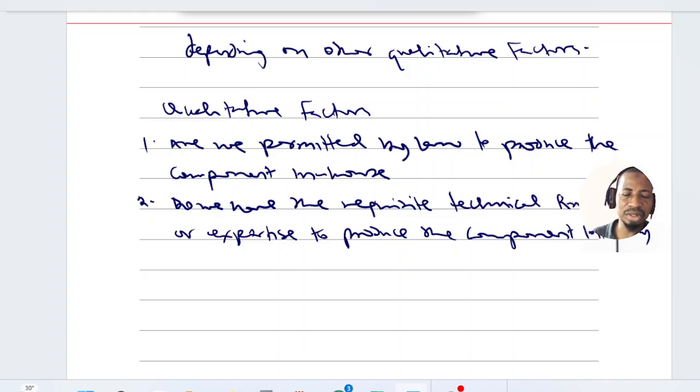That's another question you need to ask yourself, and then you provide an answer to it. Because if you don't have the requisite expertise, what's the point? It's better you contract it to an outside supplier.